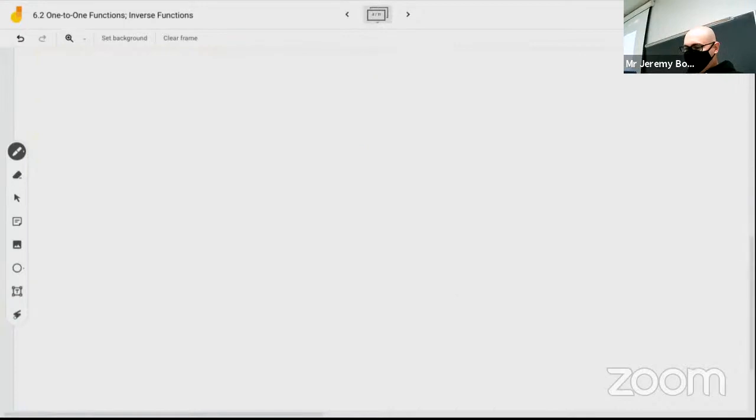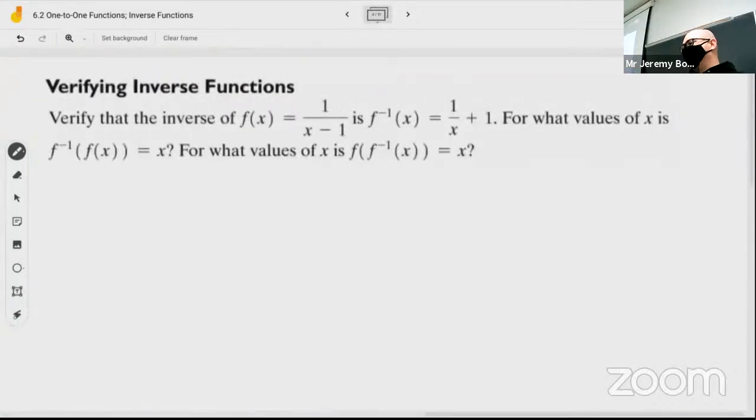So we can use that if we're given two functions. They say f of x is equal to 1 over x minus 1, and we propose that f inverse is 1 over x plus 1. But we want to make sure.